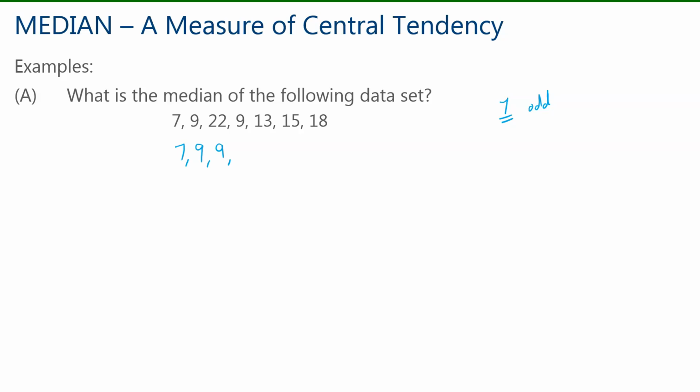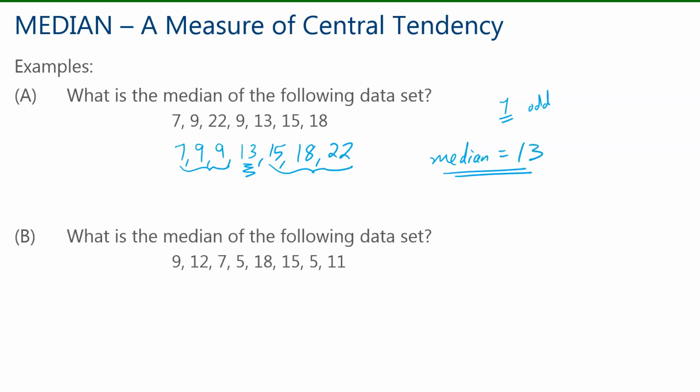So if a data value repeats itself, you need to include it. 7, 9, 9, 13, 15, 18, 22. When I consider my set now, I realize I can group 3 data values on the left and 3 data values on the right, leaving me with a middle value. Median equals 13.